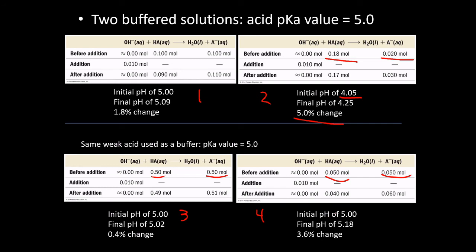So in both cases, we're starting at a pH of 5. We're starting with an even ratio. But because this solution has so many more molecules, the buffer has a higher capacity. It's better able to handle the addition of 0.01 moles of a base, so that you only get 0.4% change.